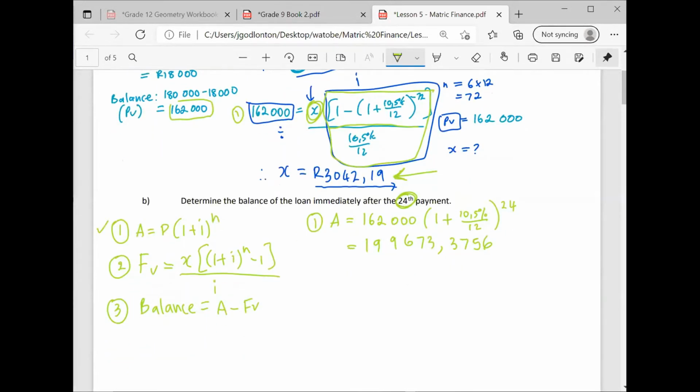Step 2 is we're finding that future value. Okay, our X was 3042.19. Then we've got (1 plus our interest rate) to the power of n, which is 24, minus 1, all over our interest rate.